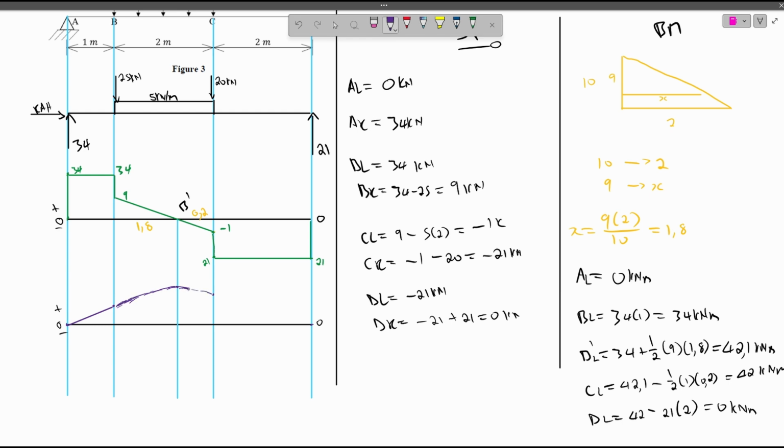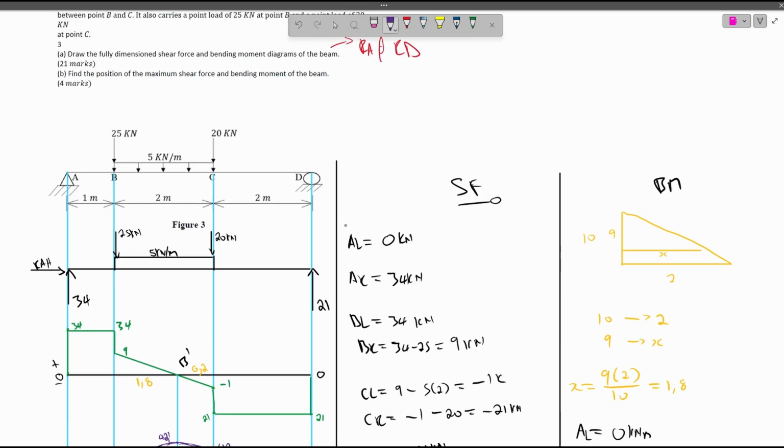And then it's going to curve again here. And then it's going to go straight. You have 34, 42.1, 42, and back to 0. And then we've answered question A.